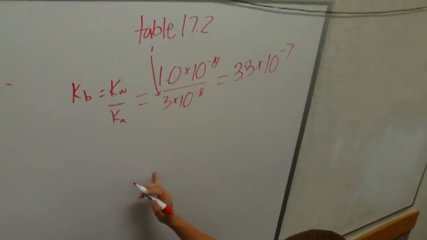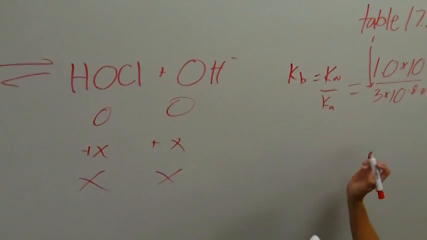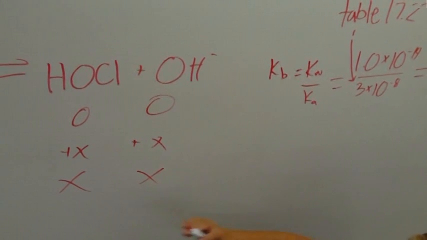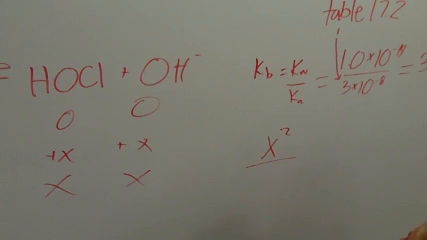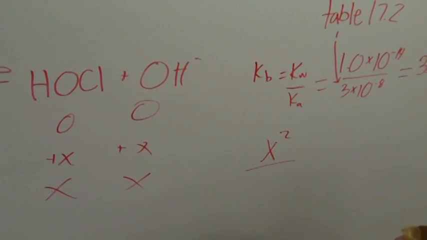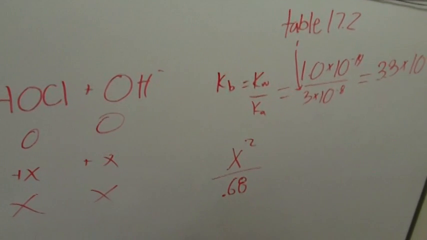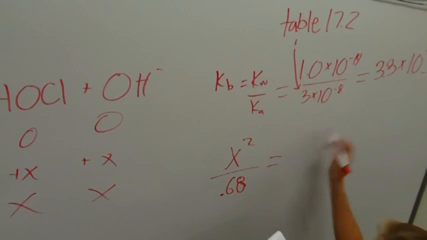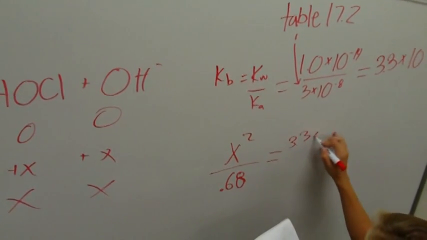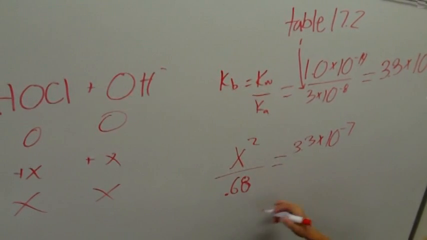Then if we plug that and we plug these into our equilibrium law, I'm not going to write it all out. It's going to be products over reactants, so it's going to be x squared, and then we're going to assume that since this is so small, change is negligible. It's going to be over just the initial concentration, and it's going to be equal to that. So we're going to solve for x.